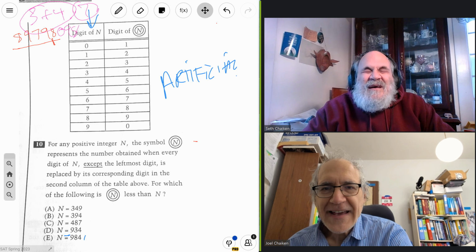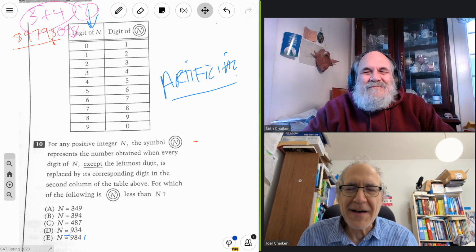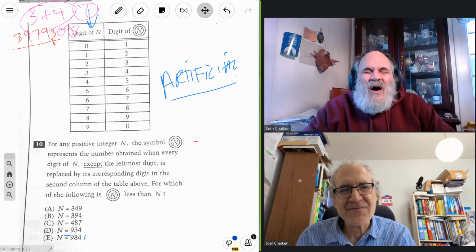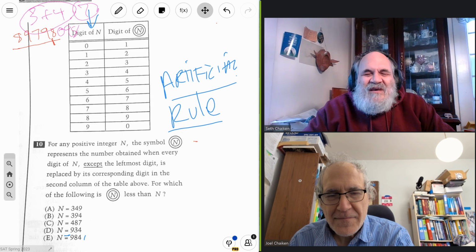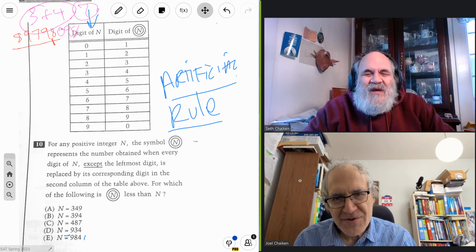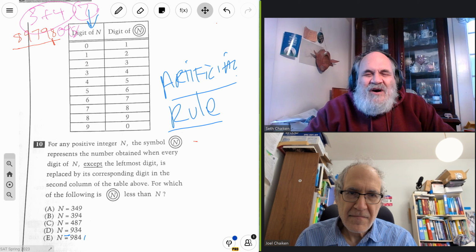Look, I can create any function I want, right? I'm not even sure this is a function. I guess it's a function. It's an artificial rule. It's actually very rare that definitions in the SAT are faulty.